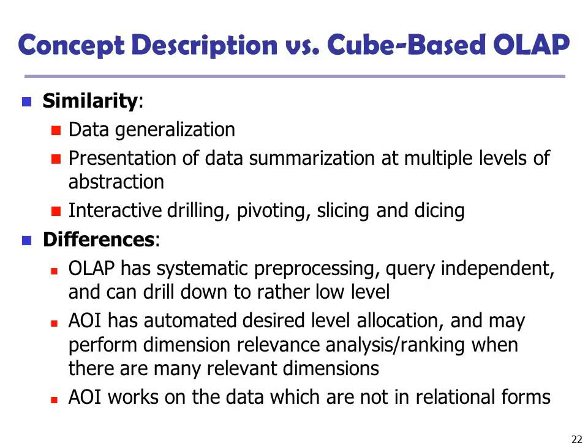Now, what are the differences? OLAP has a systematic pre-processing. It is much more systematic than concept description, and it's query independent, and you can drill down to a very low level. Attribute-oriented induction, on the other hand, has automated the desired level of generalization, and you can perform the analysis even when there are several relevant dimensions.